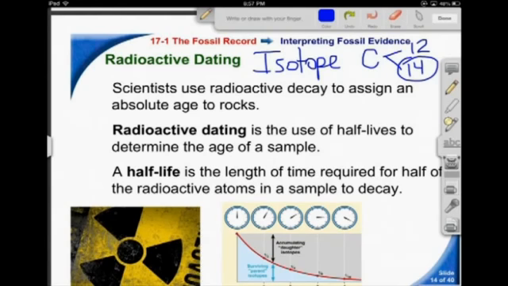The nucleus is unstable, and it turns into a different element as it emits particles. So it's emitting radiation, and as it does, its nucleus is unstable and it's becoming a different atomic number. It'll have a different number of protons in the nucleus as that nucleus degrades.